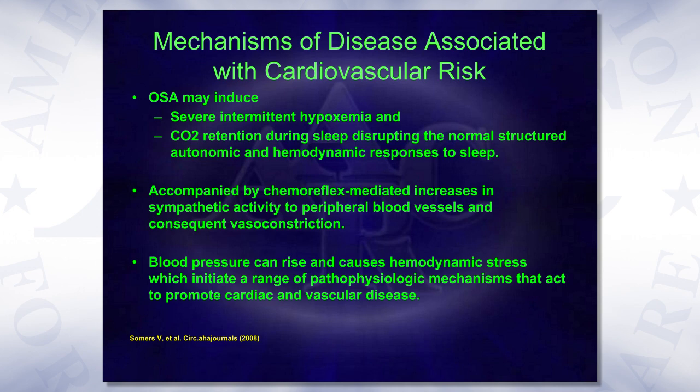severe desaturations and a waxing and waning of our blood pressure. But we also see severe intermittent hypoxemia and CO2 retention during sleep. This disrupts the normal sleep pattern, and this can cause autonomic and hemodynamic responses to sleep.